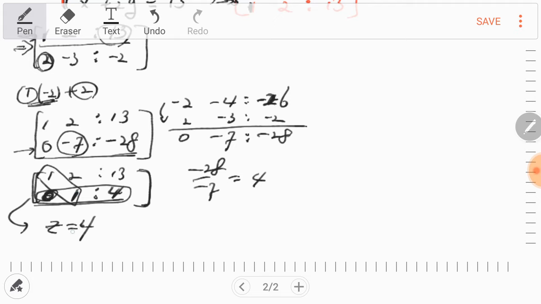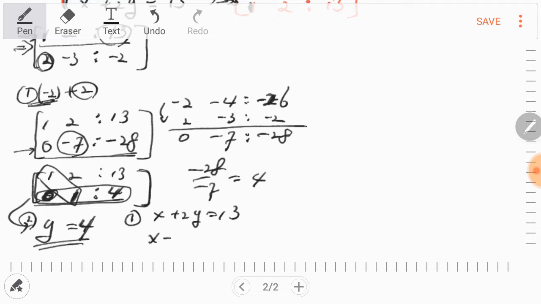And from the first row, the equation is x plus 2y equals 13. And then we know the value, so replace it. Sorry, this is y, right? The variable y. So y equals 4.